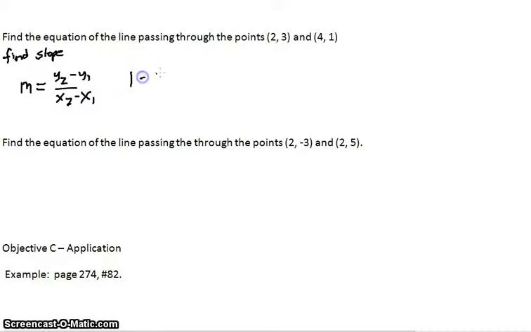I'm going to take 1 minus 3 over 4 minus 2, which is going to be a negative 2 over a positive 2, which reduces to a negative 1. So my slope is negative 1. Now, it doesn't matter which of the points I choose to use.